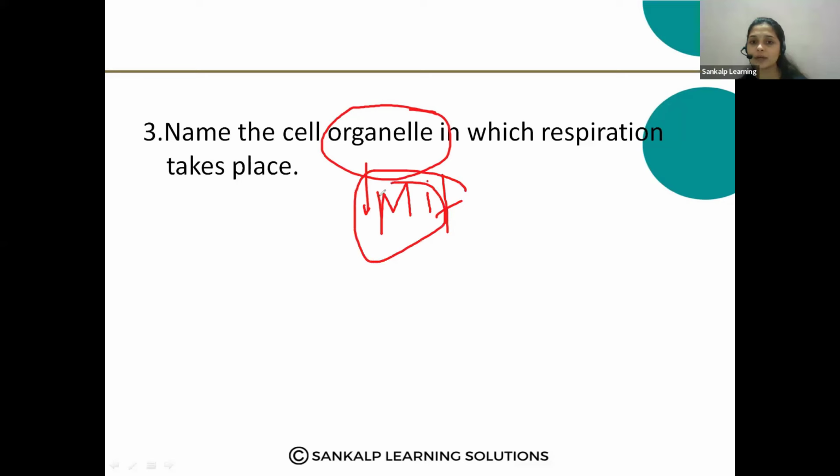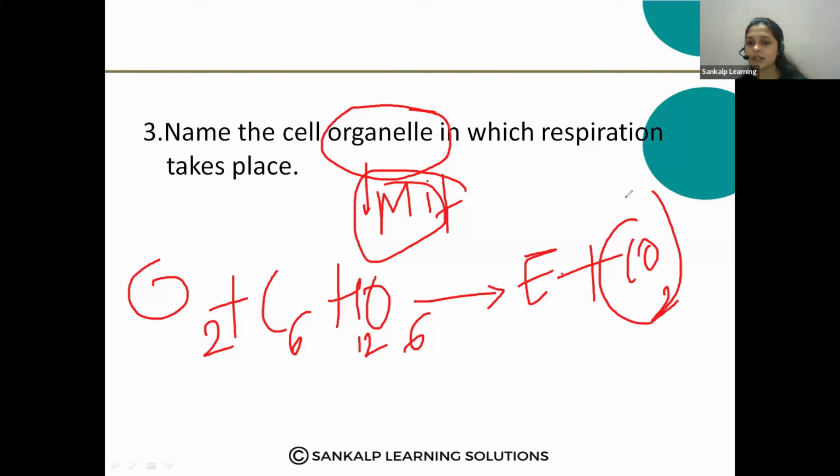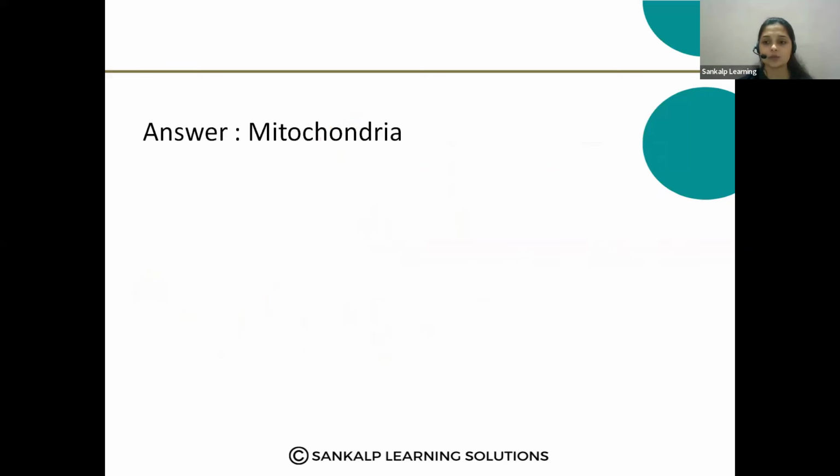In the presence of oxygen in the mitochondria, the glucose we take through food breaks down and forms energy in the form of ATP, and carbon dioxide is released. This carbon dioxide is exhaled by our body through the lungs. This is the actual respiration. So this takes place in the mitochondria. Note down the question.